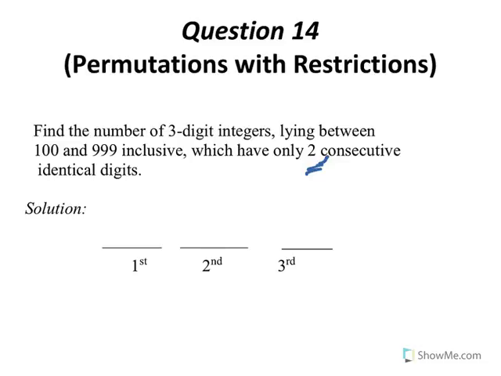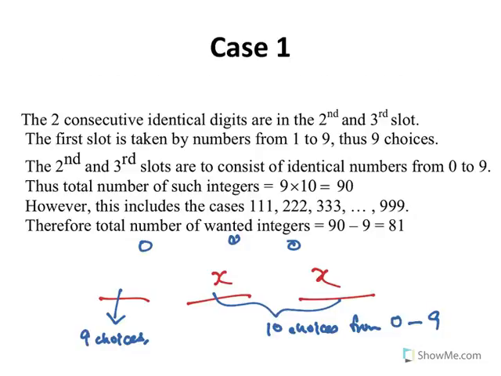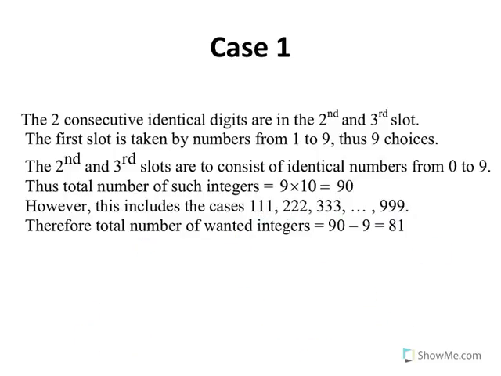Okay, I'm just helping you to explain your solution. Of course, there's more than one way to do it. So here you have 9 times 10, total of 90, but you need to exclude the cases of 111, 222, 333, all the way to 999. Total of 9 cases. That's why you have 90 minus 9.